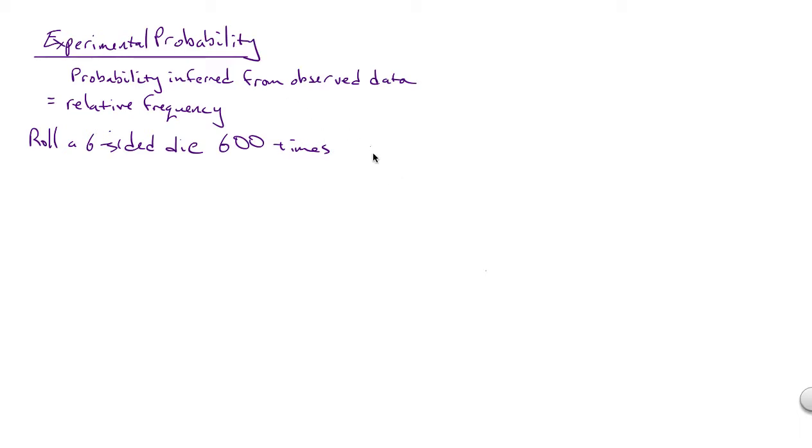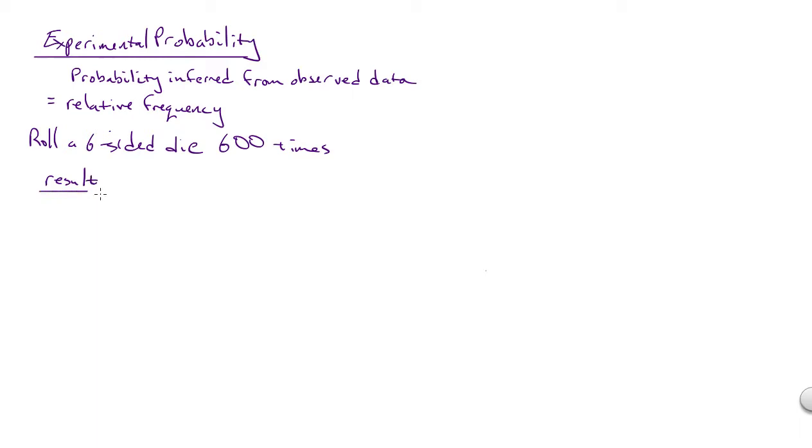So we could just keep a running tally or a running list of the sides. Say we rolled a 1, and then we rolled a 3, and then a 4, and then a 1 again, and then a 2. I don't want to do this 600 times, right? I kind of just want to count how many times each number was rolled. So instead of that, let's just make a table.